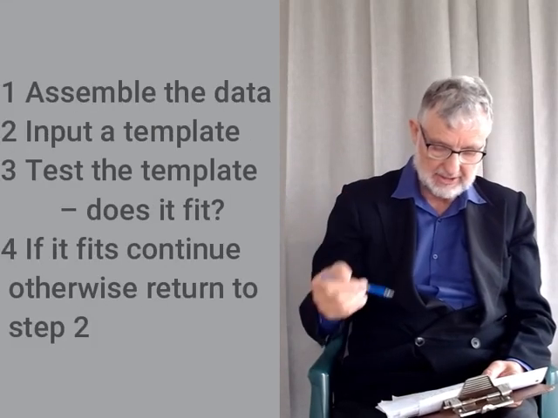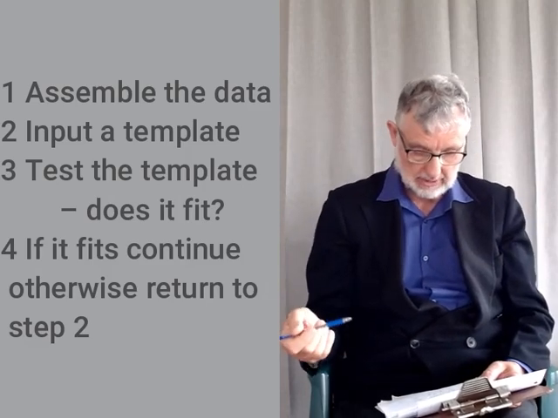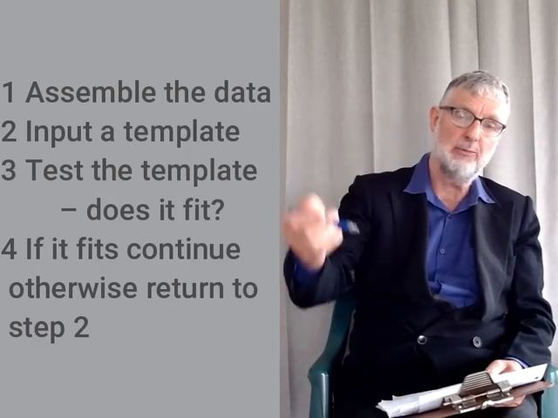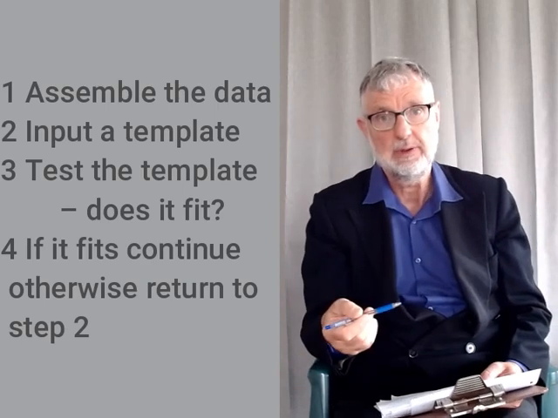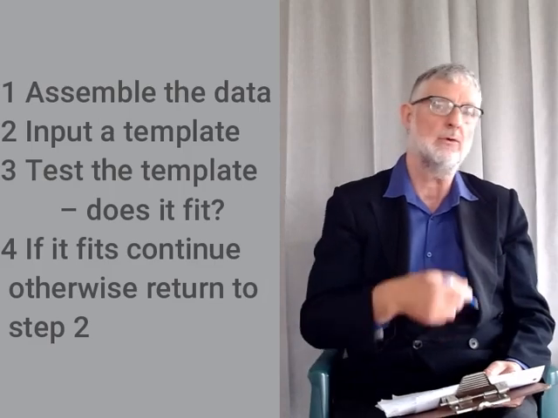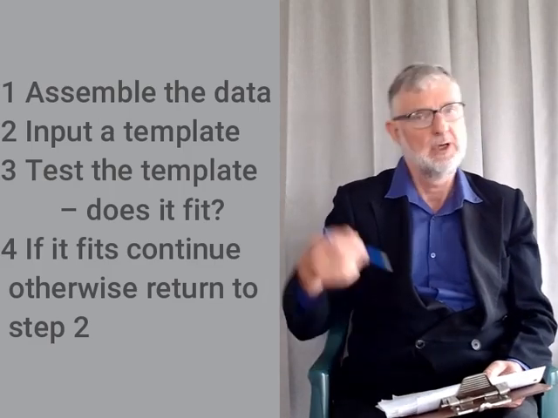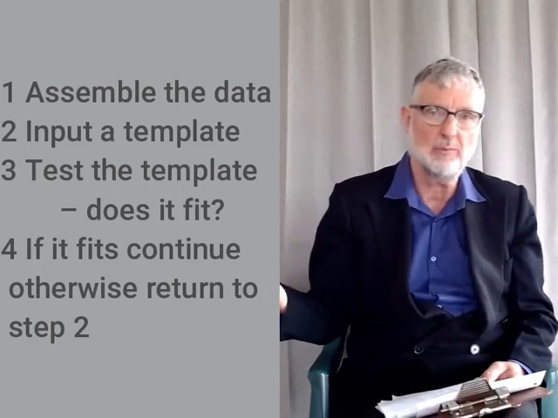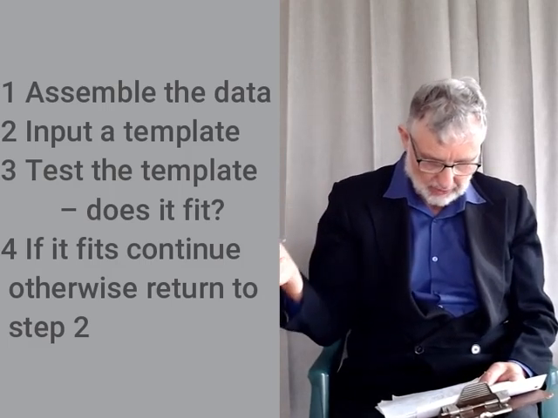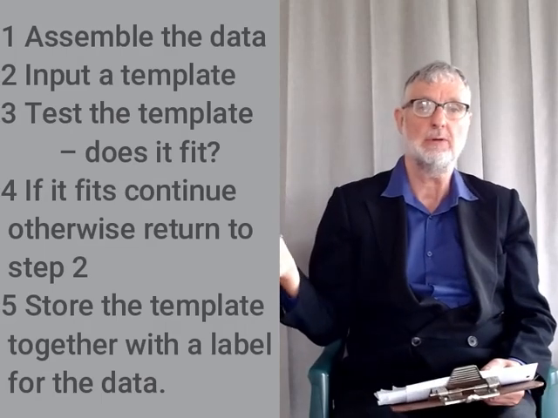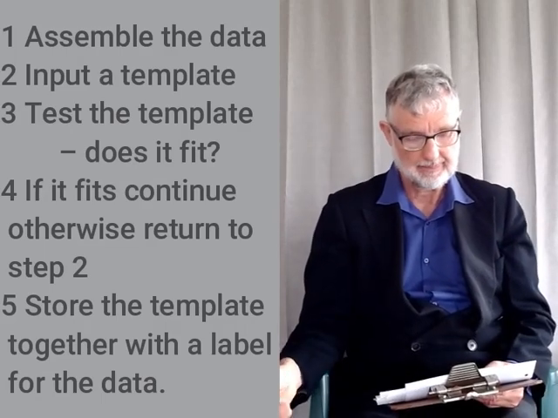If it fits, continue, otherwise return to step 2 and input another template. And go around that loop until you run out of templates, or you've been around a sufficient number of times, or you're generally bored with it, you're not making any progress. And then store the template together with a label for the data. So you've got a simple algorithm for identifying a pattern.